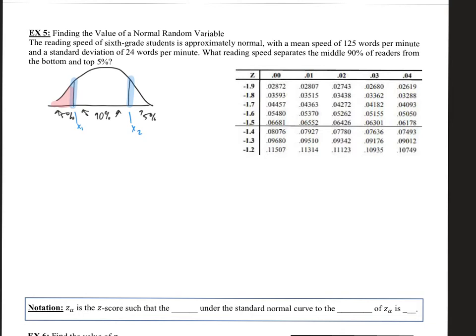Now what we're going to do is, because we're not going to find the perfect percentage for 0.05 here, let me write that down. We're looking for 0.05. We're just going to look for the things that are closest to it and then take the average between the two. So let's find the value above 0.05 and the value right below it.